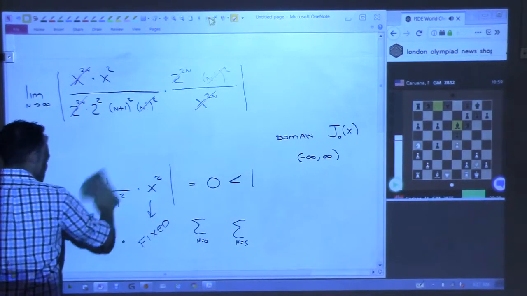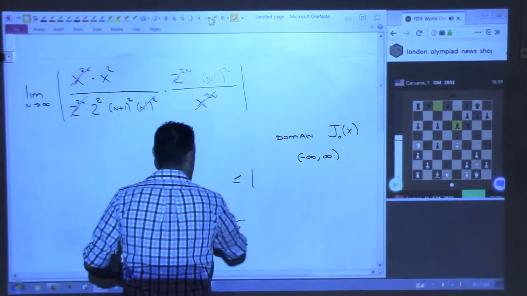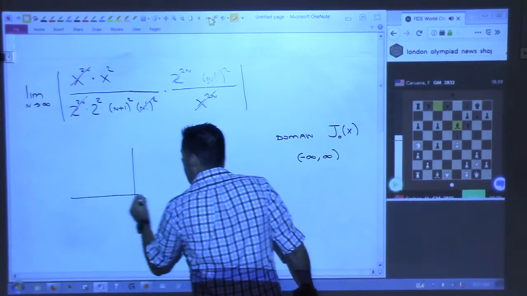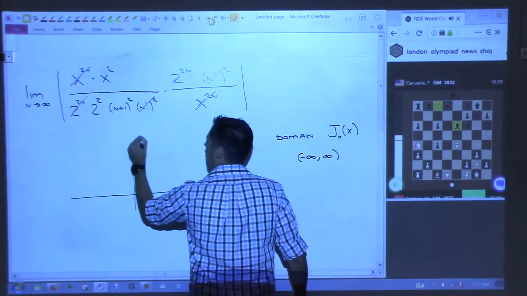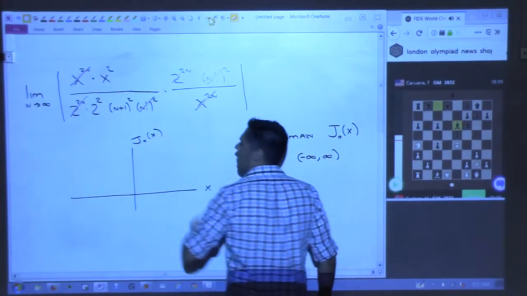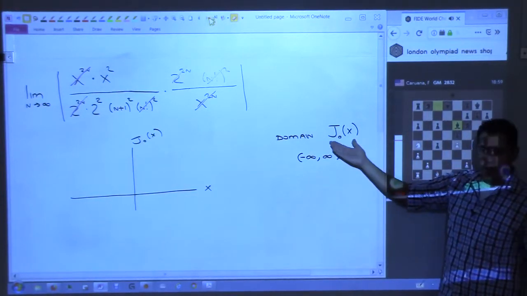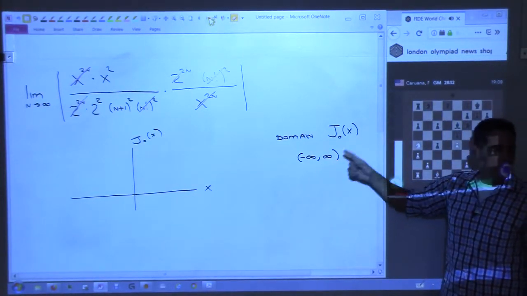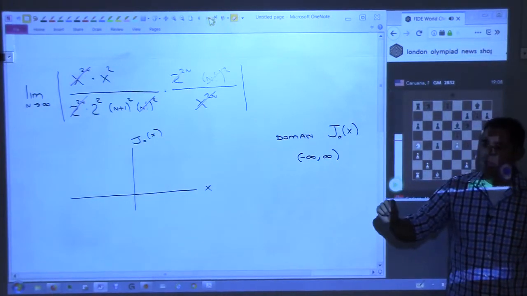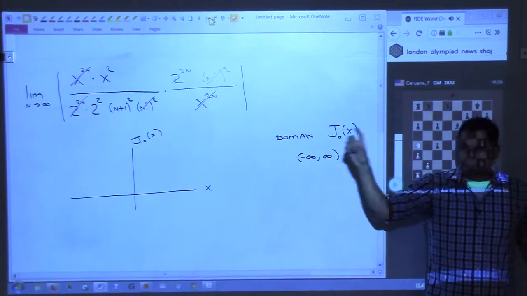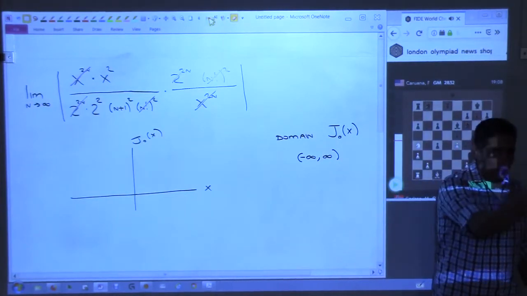All right, so this Bessel function. If we were to graph this Bessel function, right? Because it's a function, it has a domain. If we plug in x's, we get values. So if I actually plug in a value in here for x, this series will converge to a number.